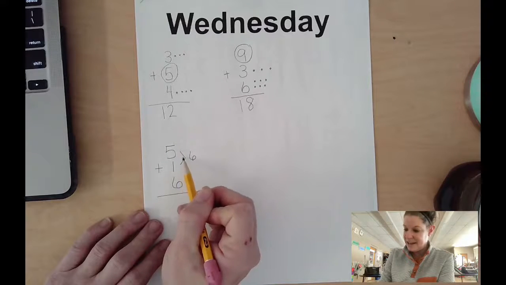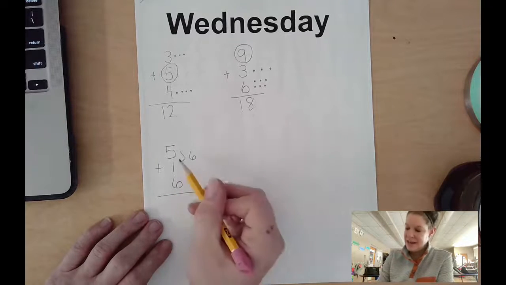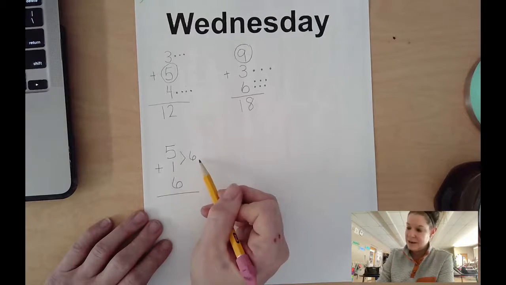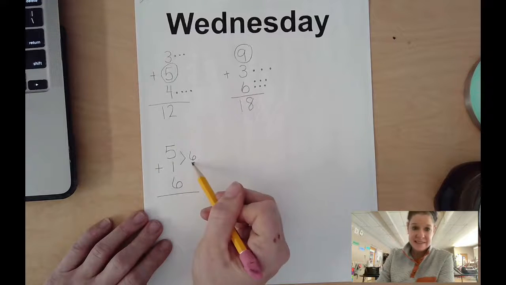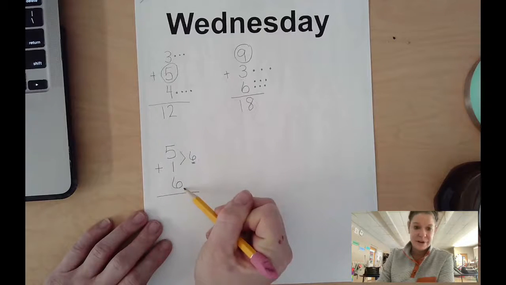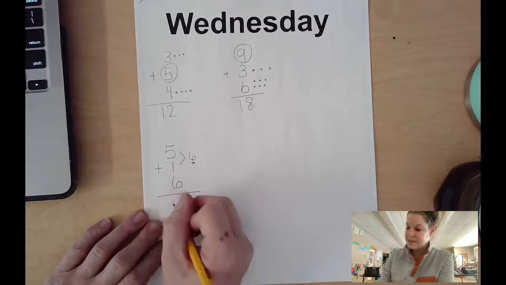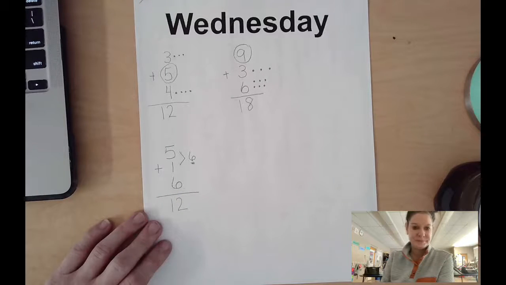It almost looks like an arrow, kind of like a sideways V. It connects my 5 and my 1, and it shows me that 5 plus 1 makes 6. So now I just have to add this 6 to the number that's been left out, this other 6. And if you know your doubles, 6 plus 6 is 12.